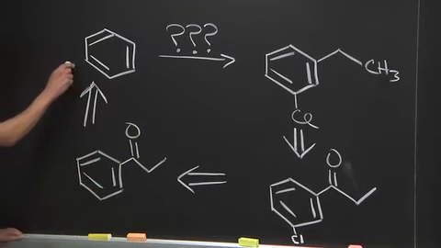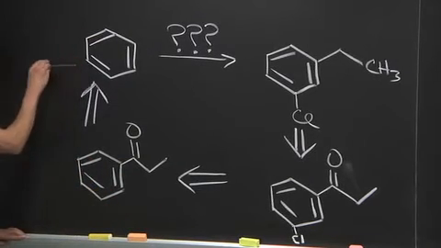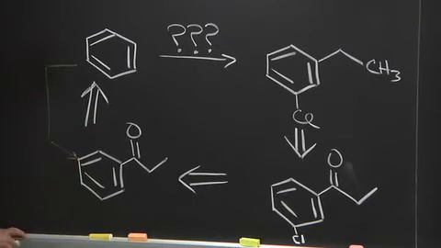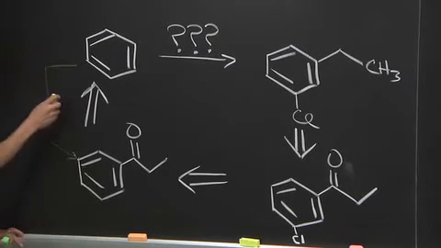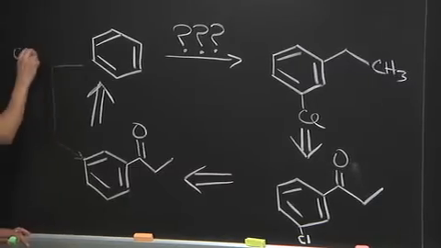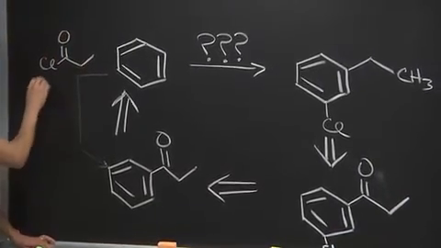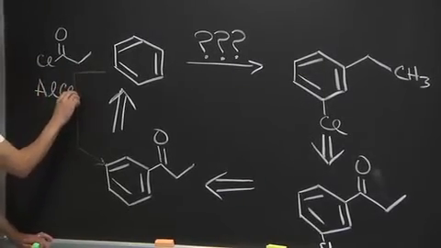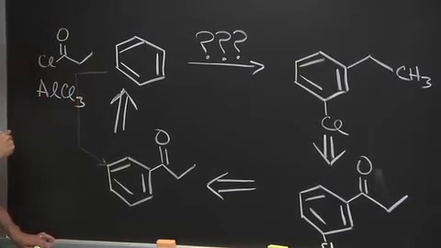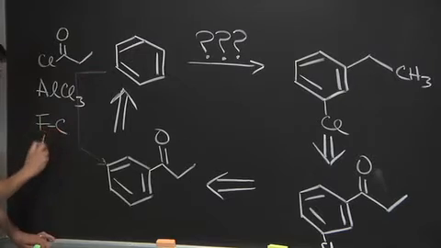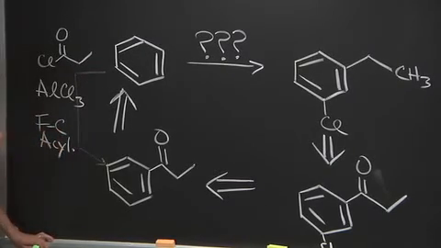So the first reaction here is a Friedel-Crafts acylation reaction. And so for that, we're going to need the appropriate acyl chloride. And then we use aluminum trichloride to promote the Friedel-Crafts acylation. So that's what that reaction is.